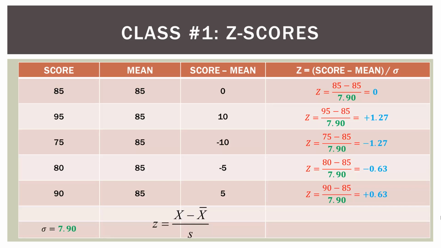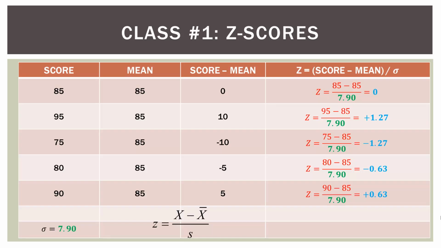Of course 0 divided by anything is always 0. So that has a z-score of 0. It is 0 away from the mean because, well, it's on the mean.